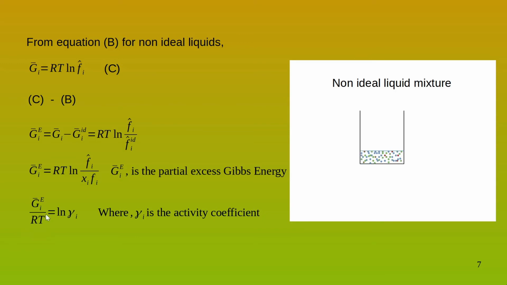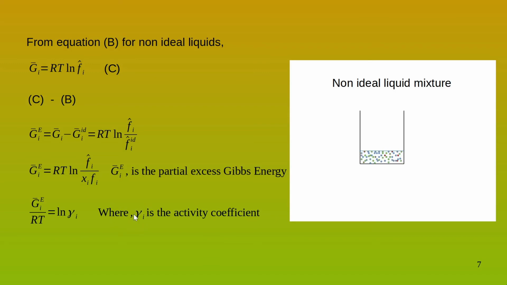Here we define the partial excess Gibbs free energy of component i in a mixture over RT as ln gamma i, or gamma i is nothing but Fi hat over Xi Fi. Now gamma i is the activity coefficient of component i in a non-ideal liquid mixture.